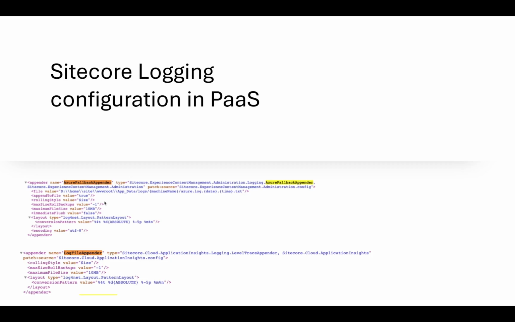And then Sitecore is going to log in the appropriate instance folder. And at the bottom, we can see the updated log file appender with the new type, sitecore.cloud.applicationinsights.logging.level trace appender. And this has been patched through sitecore.cloud.applicationinsights.config file.